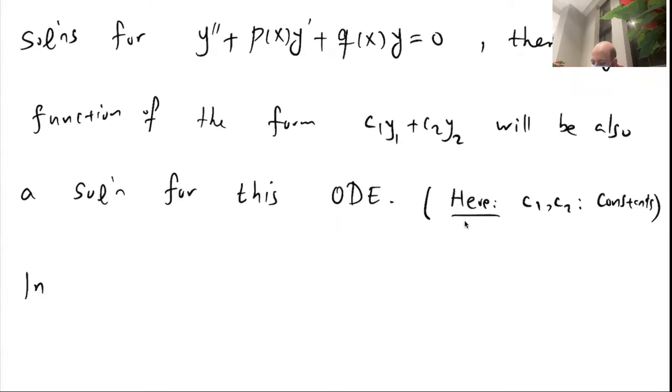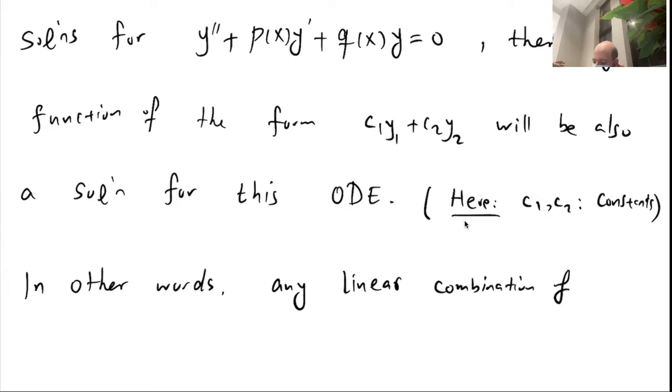So in other words, we can say that any linear combination of y1 and y2 is a solution for this ODE.